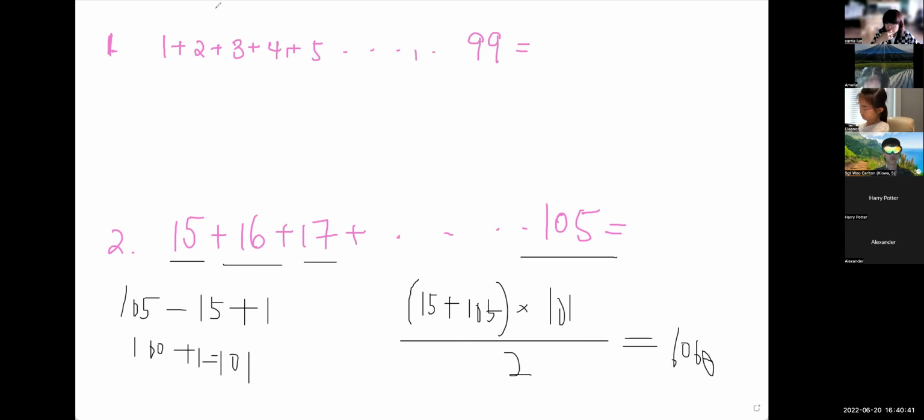Understand, everybody? Yeah. So especially Amelia, do you understand? Yeah. Okay, good job. So now I'm going to make it a little bit harder. So 2 plus 4 plus 6 plus 8 plus 10 plus all the way to 88. First question.